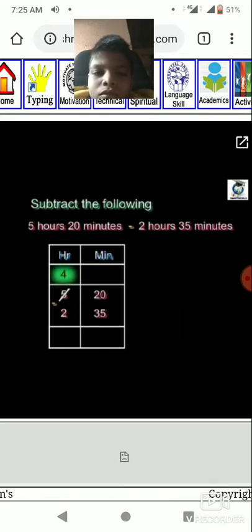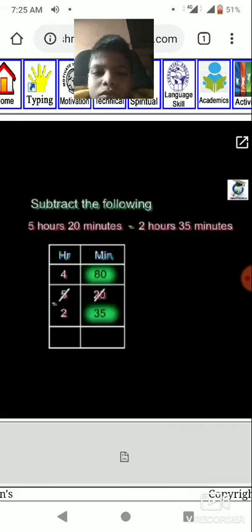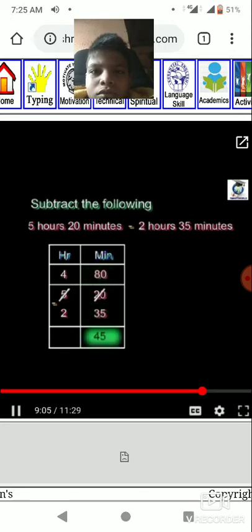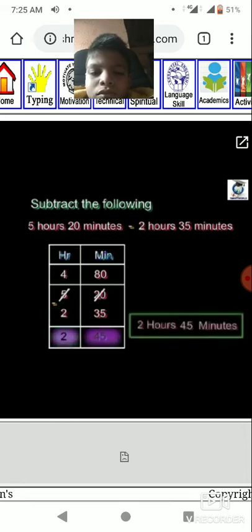So now in the hours column it is 4 hours and in the minutes column it is 60 plus 20, that is 80 minutes. Now 80 minutes minus 35 minutes comes to 45 minutes. And in the hours column 4 minus 2 is equal to 2 hours. So the answer is 2 hours 45 minutes.